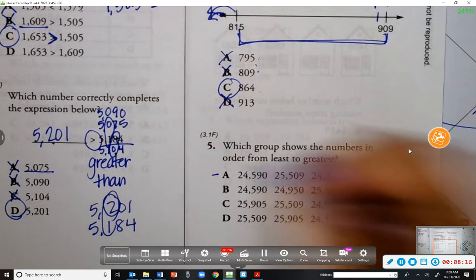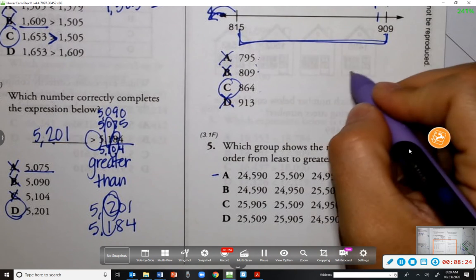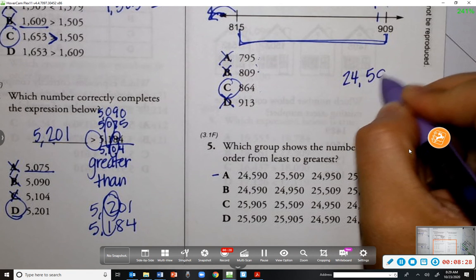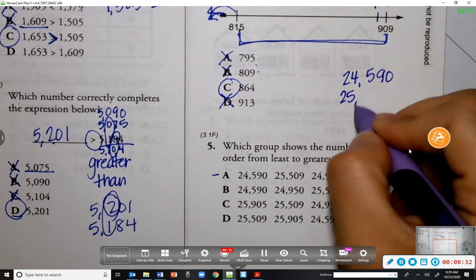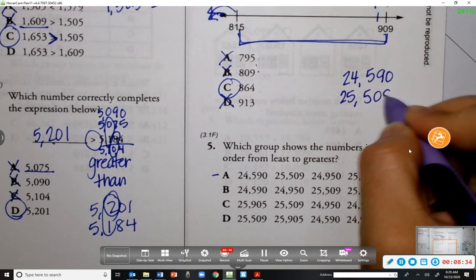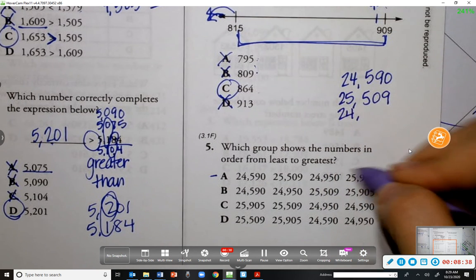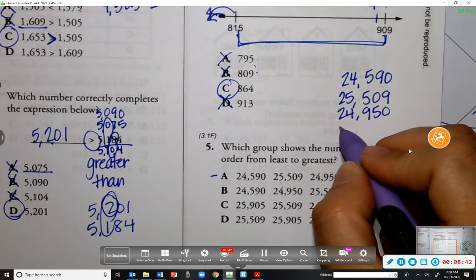Let's look at A. I'm looking for the least number in this answer choice. Let's go ahead and line them up so we can tell. I'm just rewriting the numbers: 950 and 25,905.